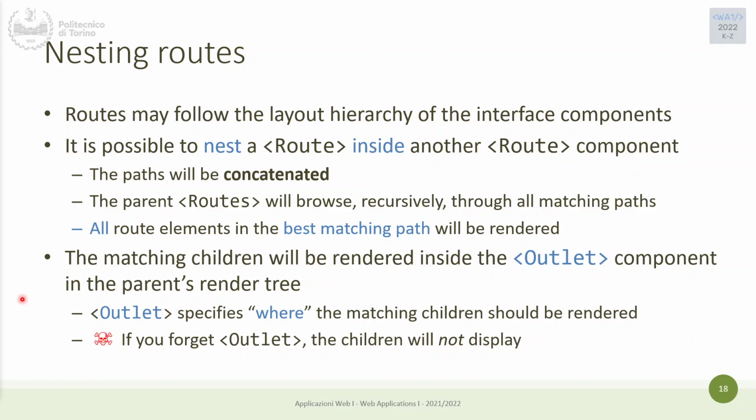Something that is a little bit tricky when you start developing with this approach is that you have to remember that the parent component has to contain, in a specific point, the Outlet component, which is an additional component offered by the library.